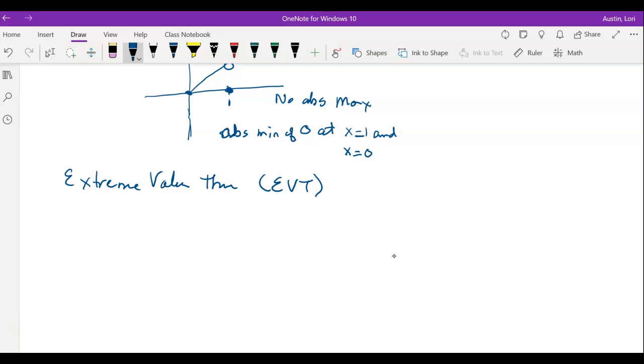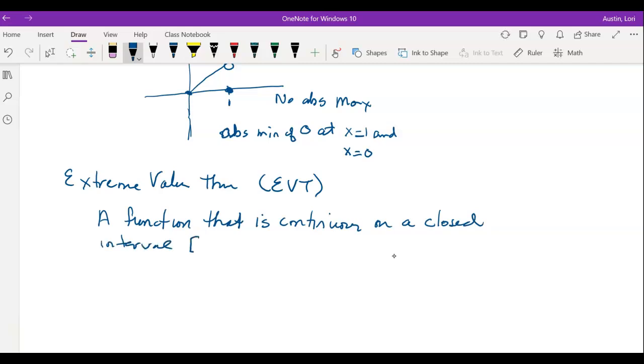So a function that is continuous. So, you know, those functions weren't continuous, right? So we want to specify a function that is also continuous on a closed interval. Okay, so this has a couple things here for this to exist.